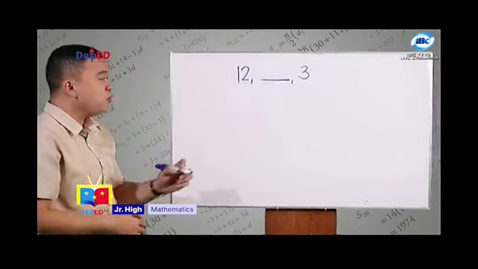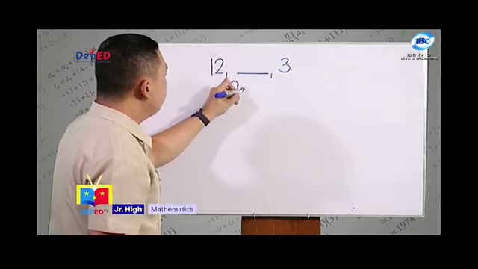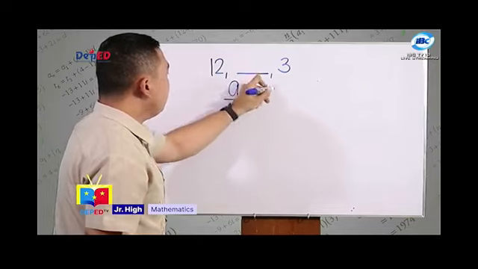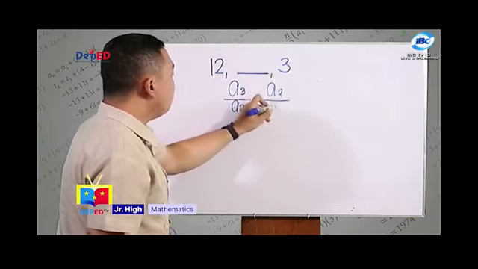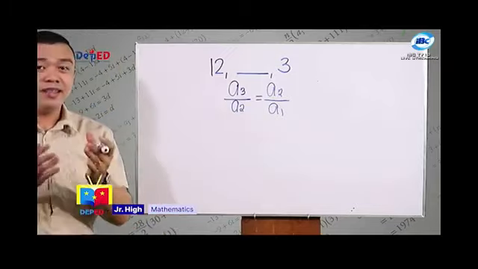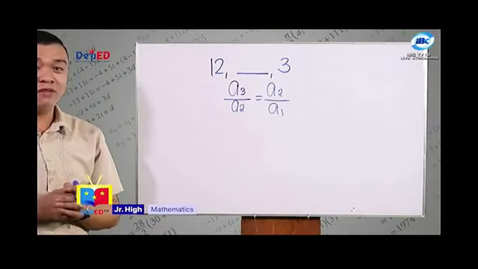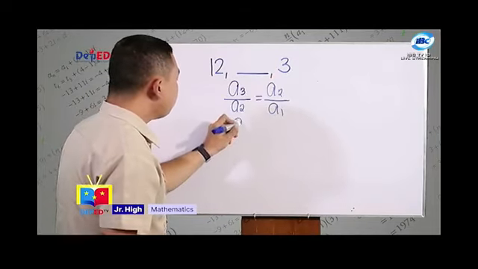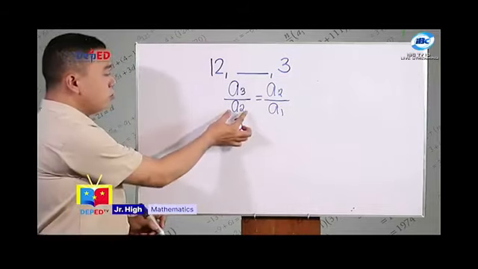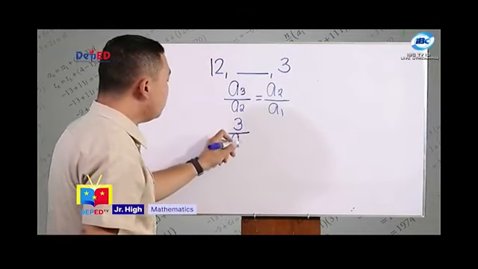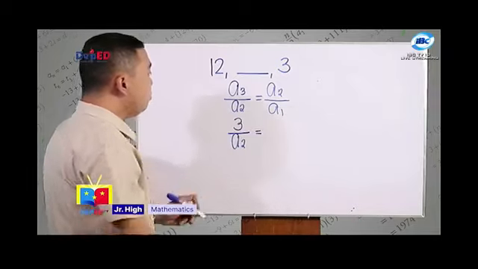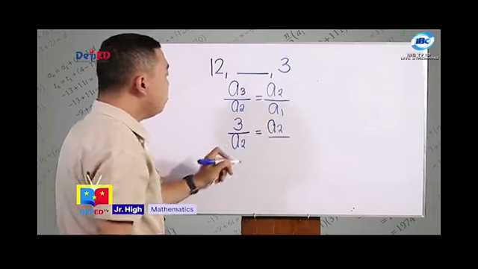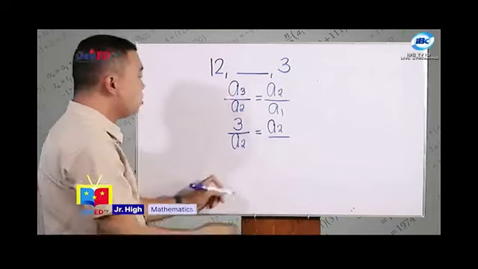With that, we will use a sub 3 divided by a sub 2 is equal to a sub 2 divided by a sub 1. Now, let's replace it with the given values. For a sub 3 or the third term, we have 3 over or divided by the second term, which is a sub 2, is equal to a sub 2 is still unknown, so we'll just write a sub 2 divided by the first term, a sub 1, which is 12.